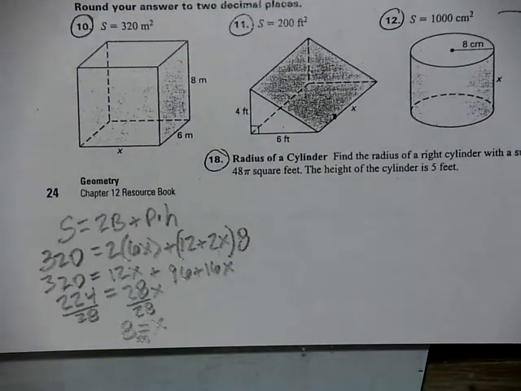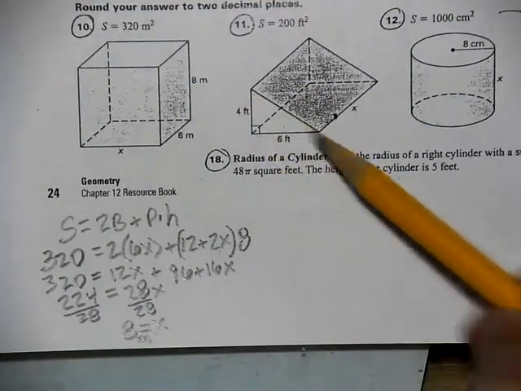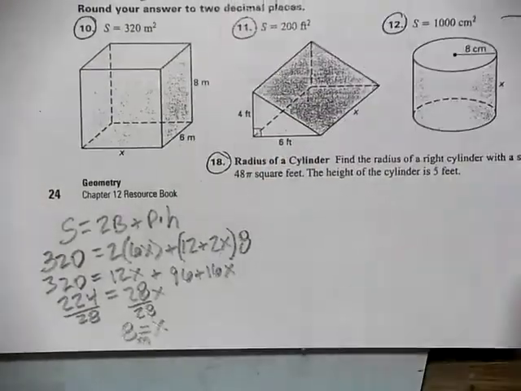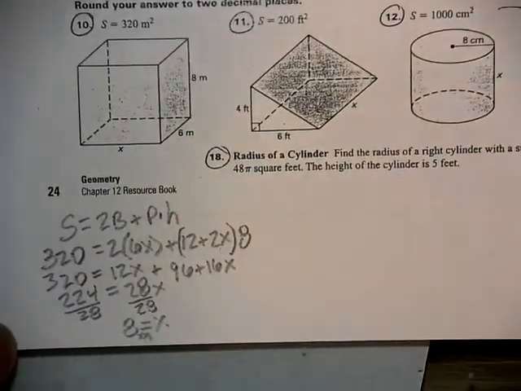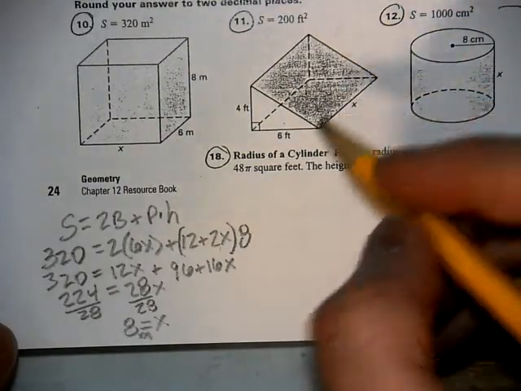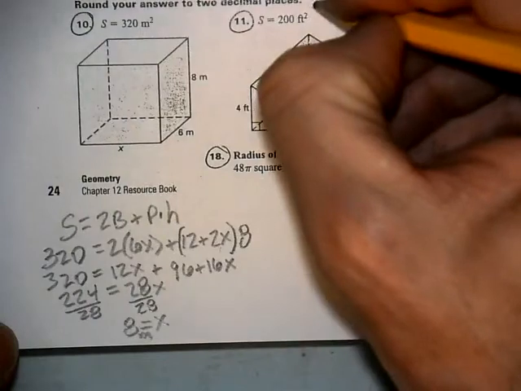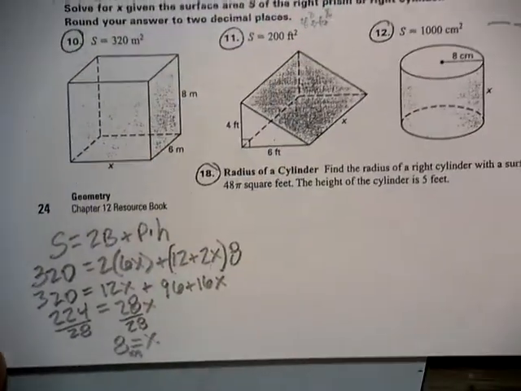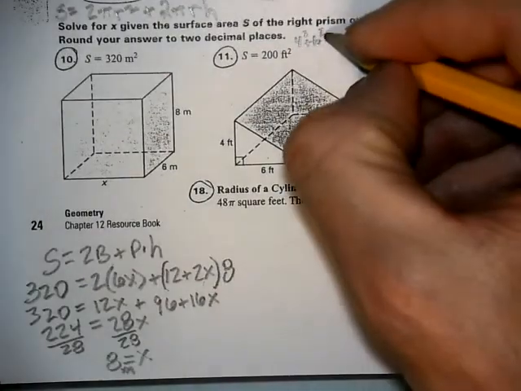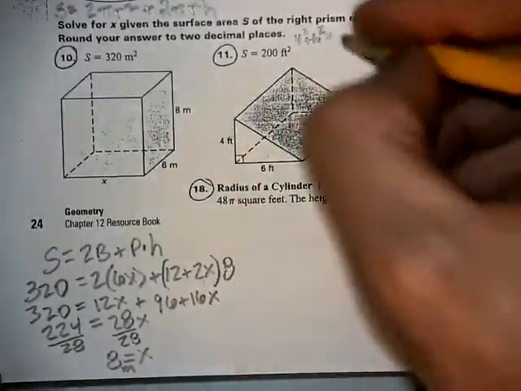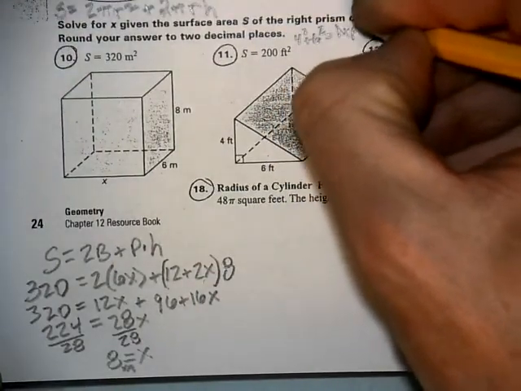For number 11, we have a triangular prism. So let's first start off this with the Pythagorean Theorem. 4 squared plus 6 squared is going to equal the hypotenuse squared.